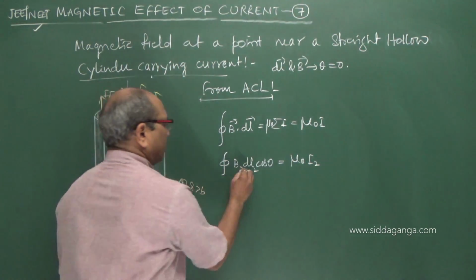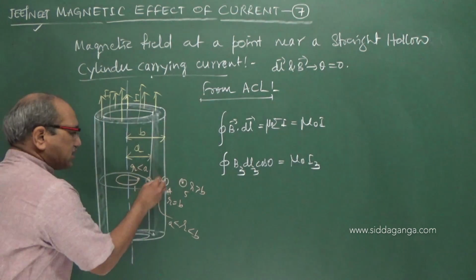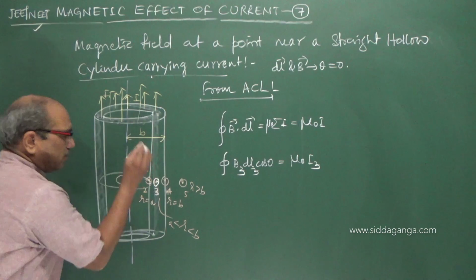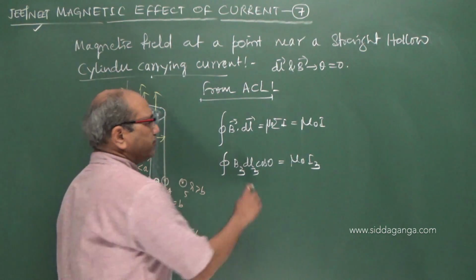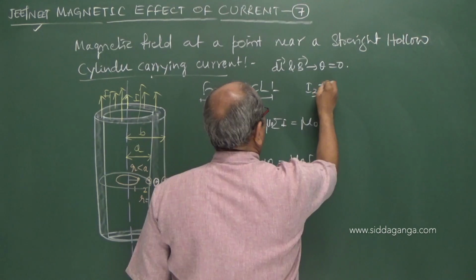Maybe the third one I take, better, in between this, almost negligible. So if I want I3, what can you do?